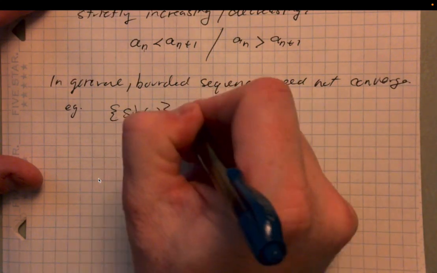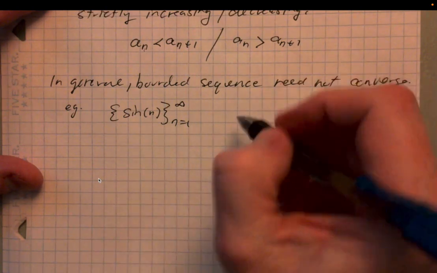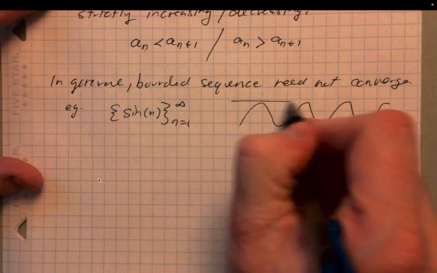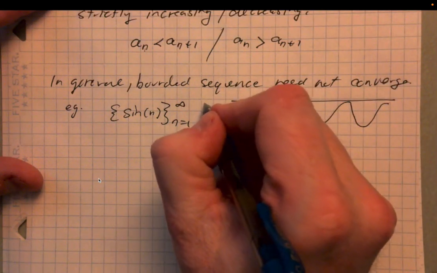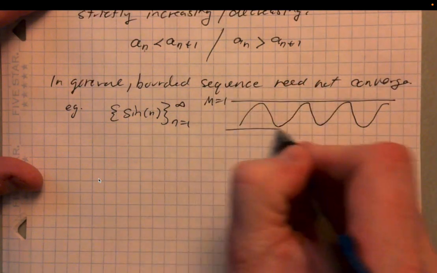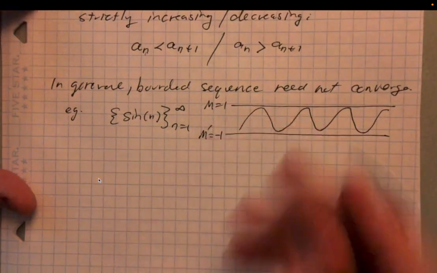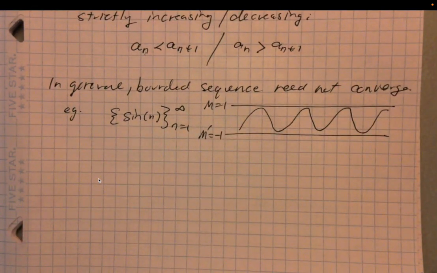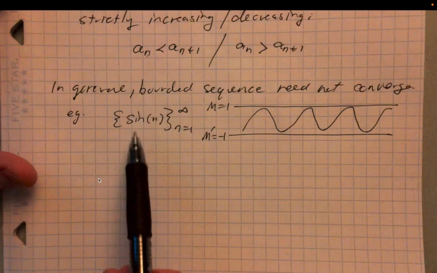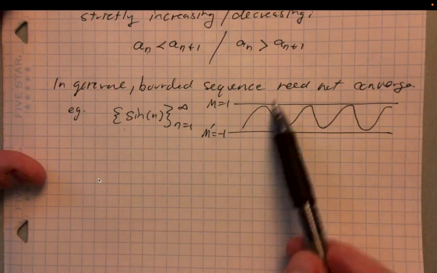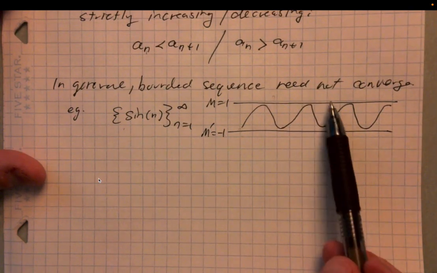Even if you use natural numbers here, sine of n is going to oscillate between an upper bound of 1 and a lower bound of -1. So it's bounded above and below, but it doesn't ever converge. And obviously, the sine function here is not a monotone sequence. It goes up for a while, down for a while, up for a while, down for a while.